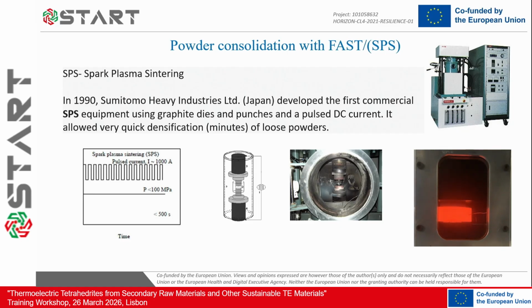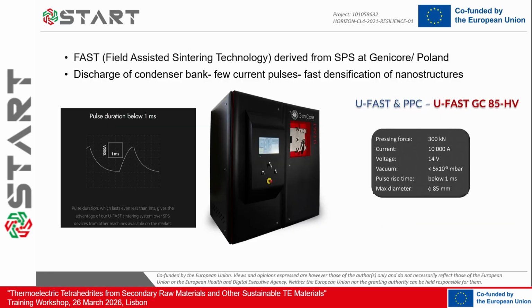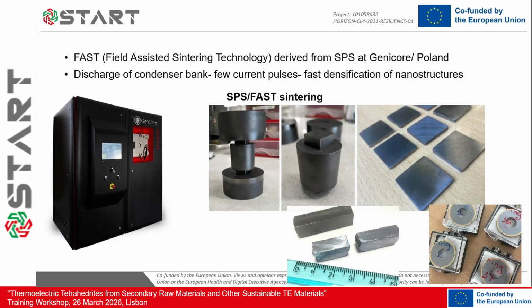It is similar in principle, but the pulses and the amount of energy and the shape of the curve of current that is passing through the material is completely different in this case. Here we are talking about bursts of electrical energy passing through the powder. The powder is put onto a graphite mold.